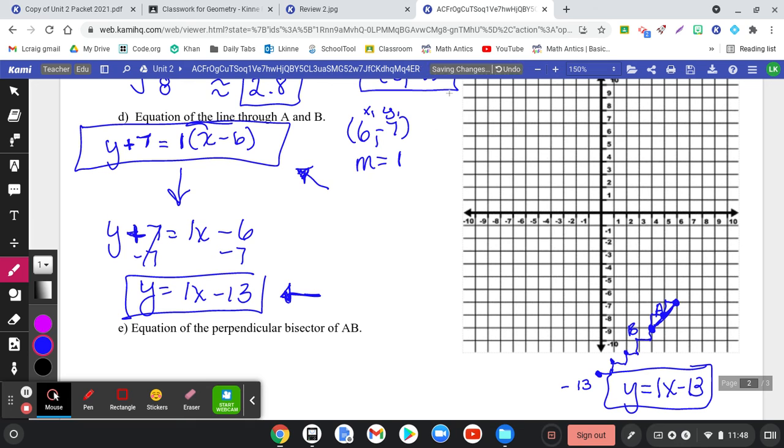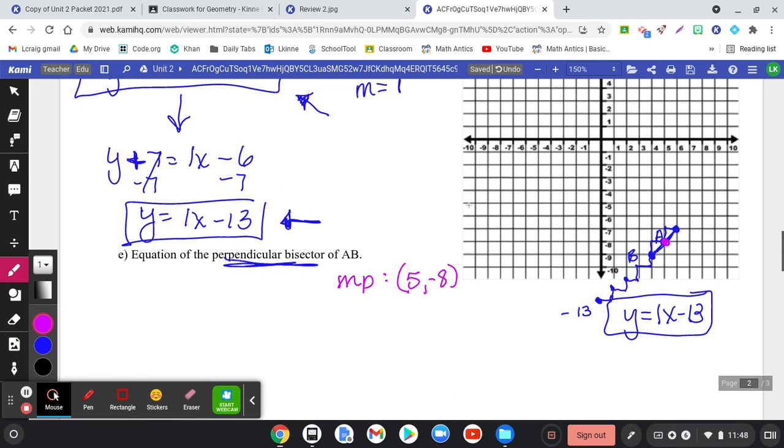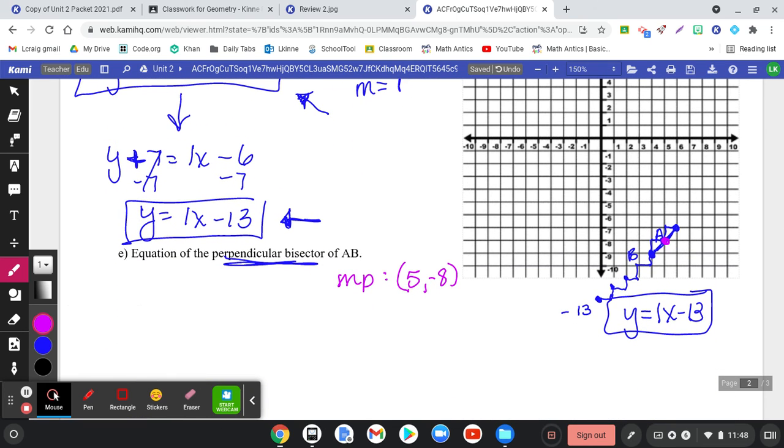All right, and then for your perpendicular bisector, you need your midpoint, which we found to be 5, -8, either here on the graph or up above where we added the 2 points and divided by 2. And your slope, well, if our slope was positive 1 over 1, perpendicular to that would have to be negative 1 over 1.